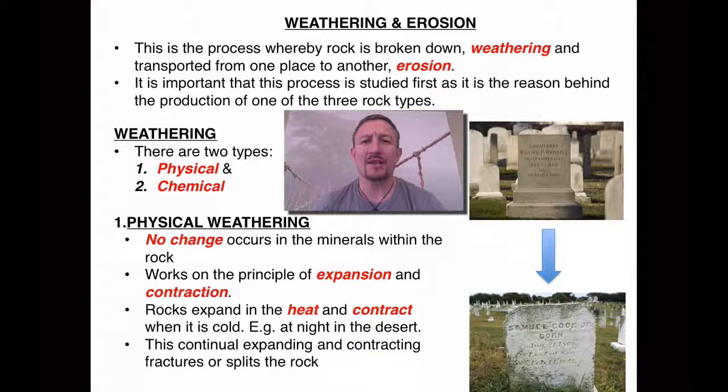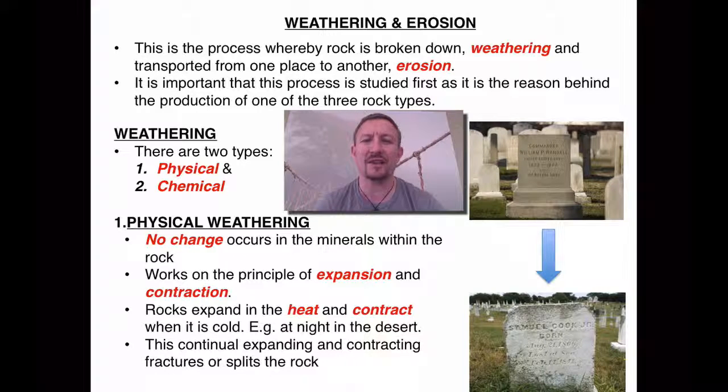Now the main processes that can occur with weathering are expansion and contraction. This is quite interesting, especially when you look at rocks, because as rocks get further down in the Earth's crust, they get subjected to heat and pressure. When you heat something up, the minerals and chemicals inside it begin to expand.